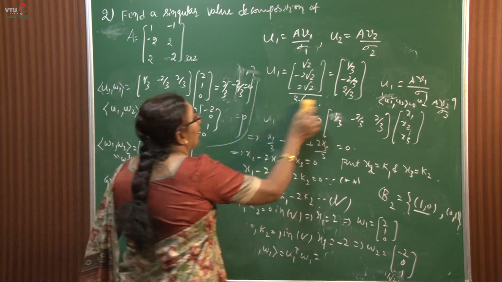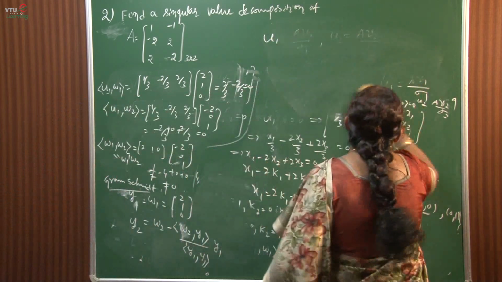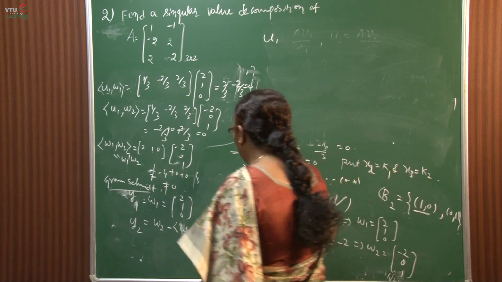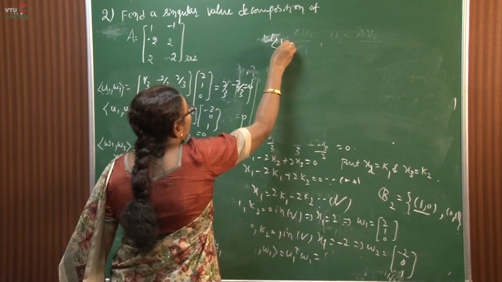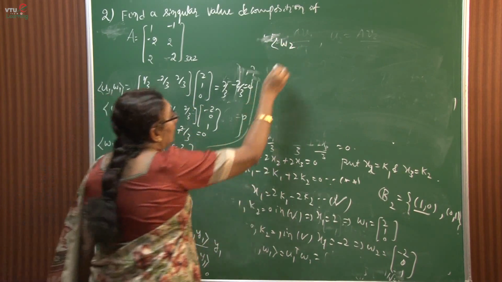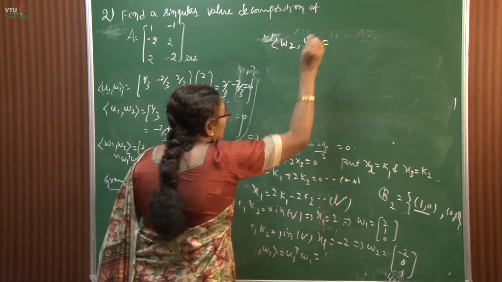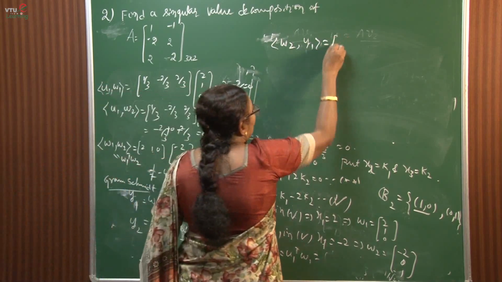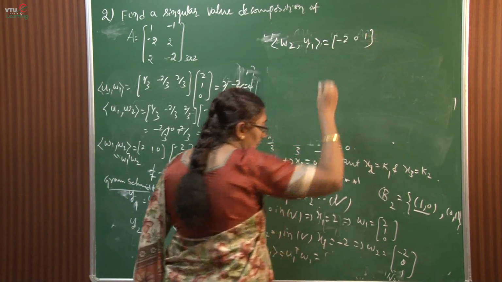Using this formula, I am trying to find out Y2. First you find the inner product of W2 comma Y1, which is W1 transpose, because it's a column. W1 transpose is minus 2, 0, 1.